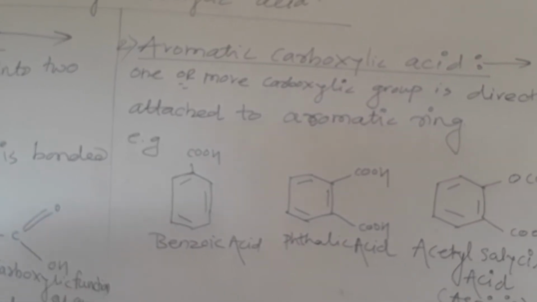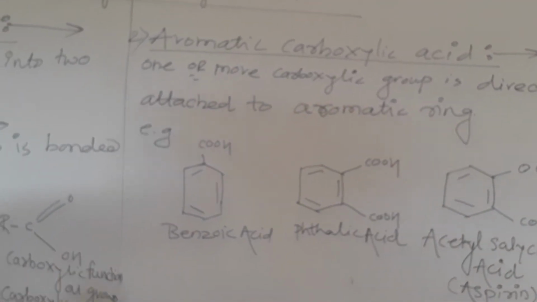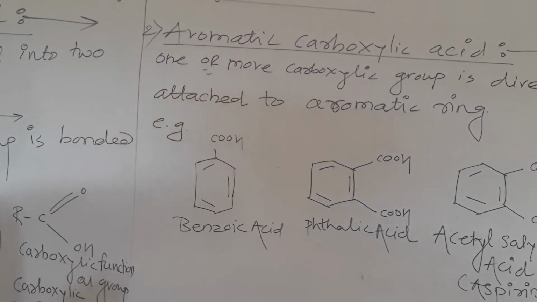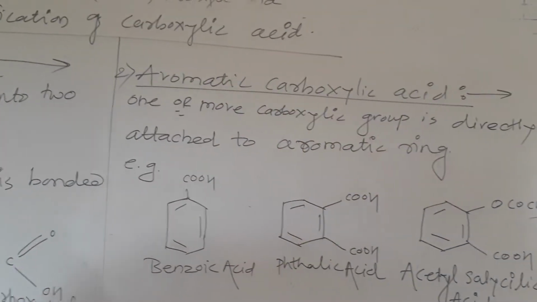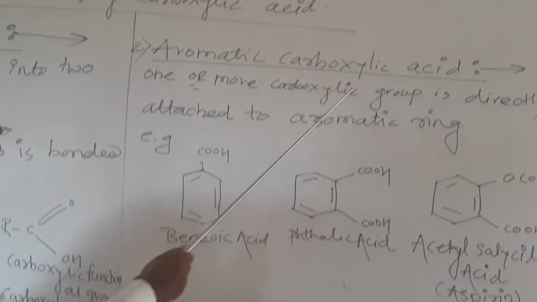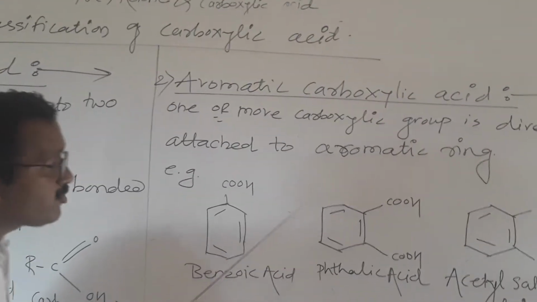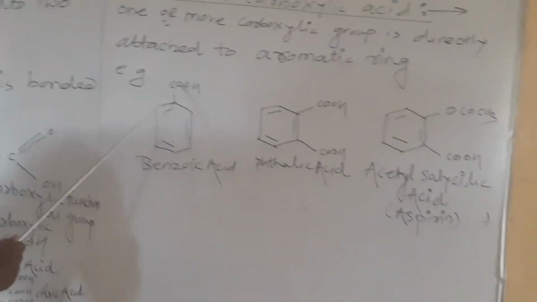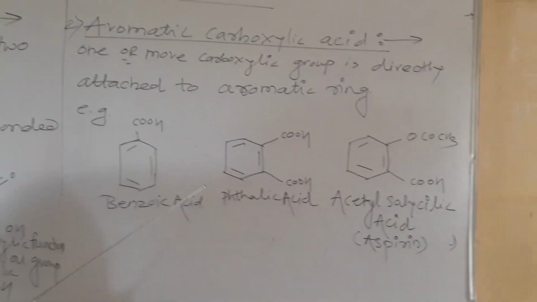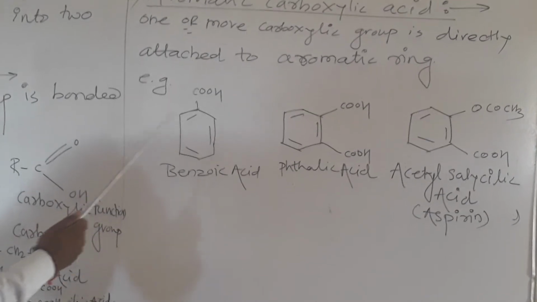The next type of carboxylic acid is the aromatic carboxylic acid. Aromatic means there is a presence of a benzene ring, and on that benzene ring there is a presence of one or more carboxylic groups. It means on the benzene ring there may be more than one carboxylic group, or only one carboxylic group.